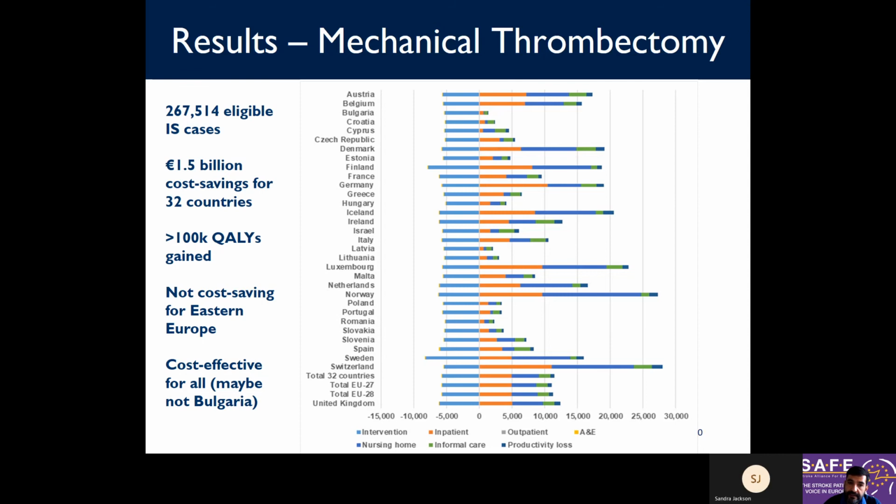However, this would not be the case for Eastern Europe. However, we found that for all countries, mechanical thrombectomy would be good value for money, except maybe for Bulgaria, if we use Bulgaria's GDP per capita as a cost effectiveness threshold.